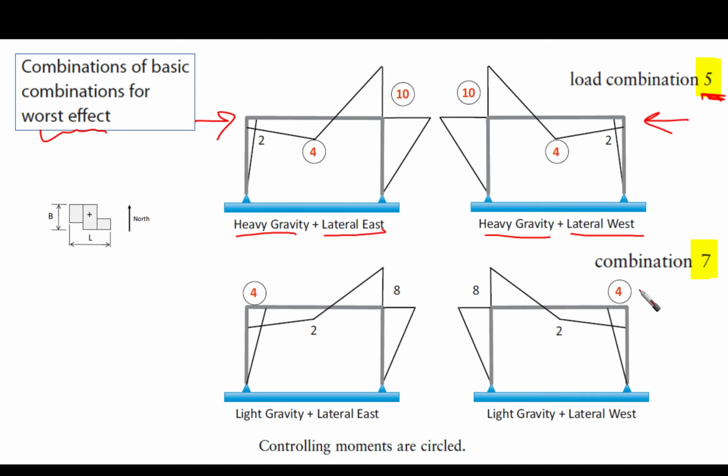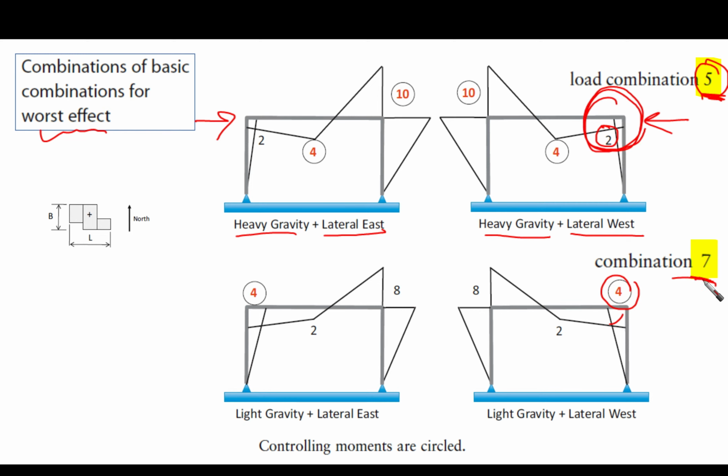However, if you go to load combination 7, for example, you're going to find that here the controlling is 4, because here it was 2, but here it is 4. So you can understand that load combination 5 can produce the controlling moment at the left of the girders, however it couldn't give the controlling moment on the right of the girder.